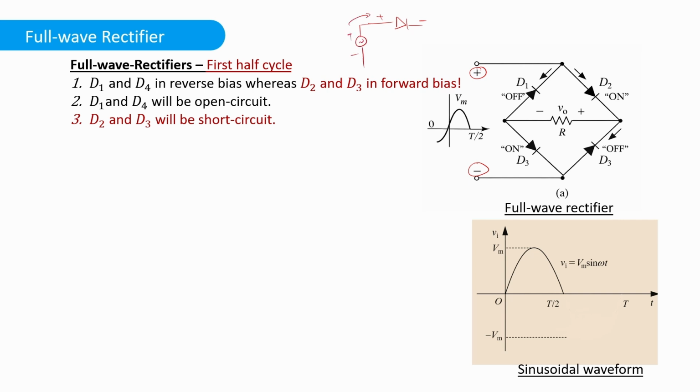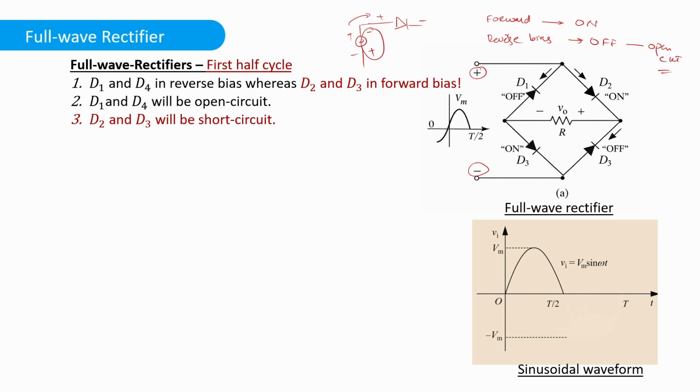If this is negative and this is positive terminal of the AC source, then the diode will be in reverse bias condition. For forward bias, we will assume the diode is a short circuit and it is on. And for reverse bias condition, we will assume the diode is off, which is actually an open circuit.